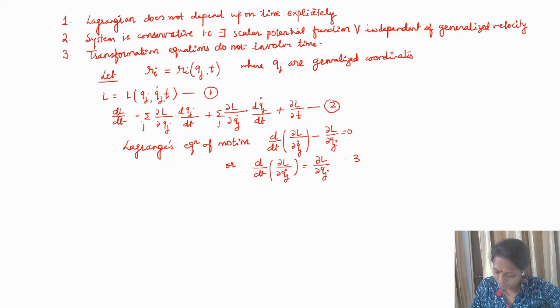So we will use this relation 3 in relation 2. So relation 2 implies dL/dt is equal to summation.